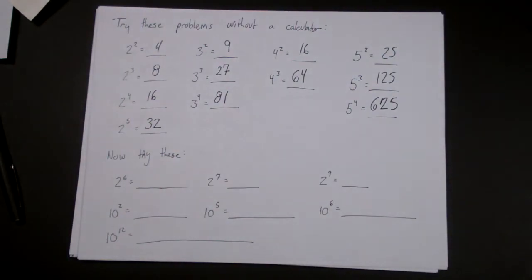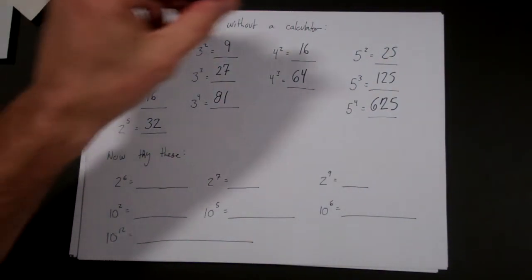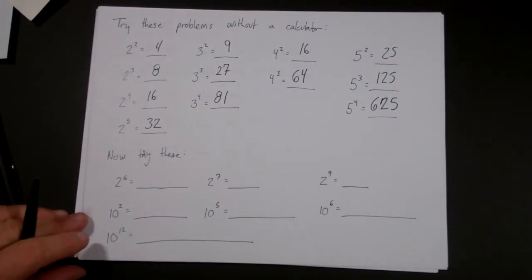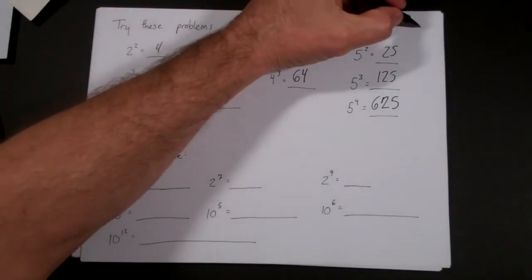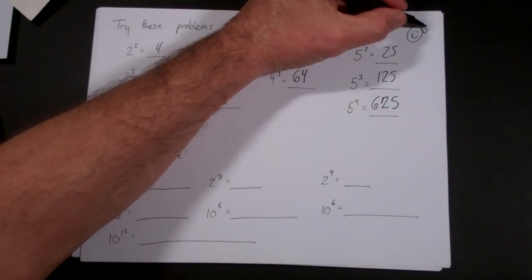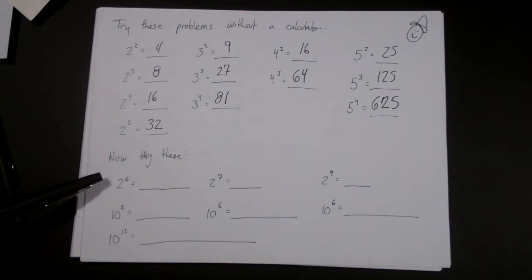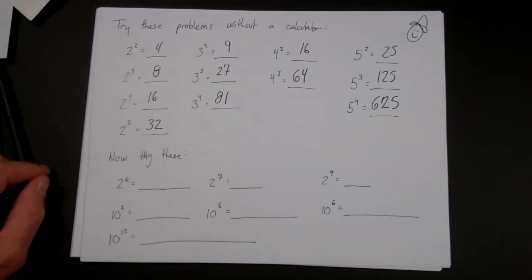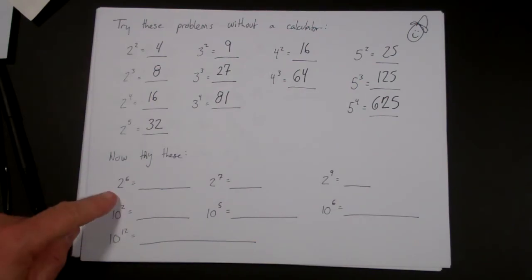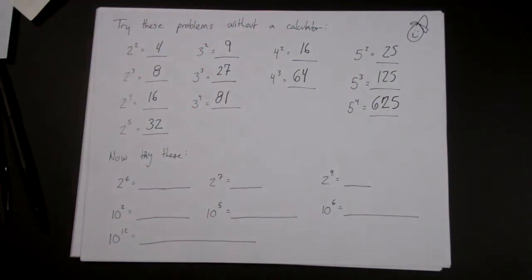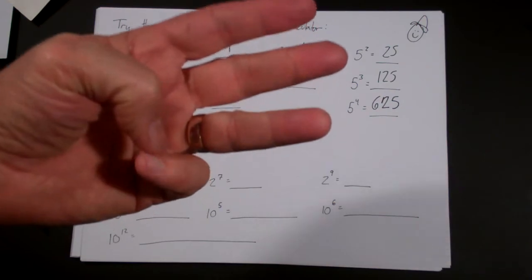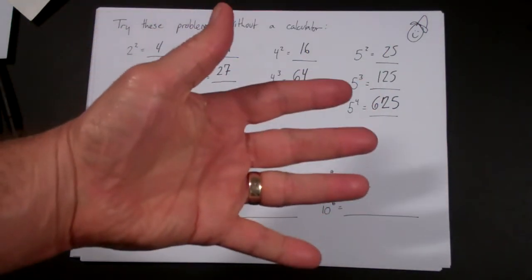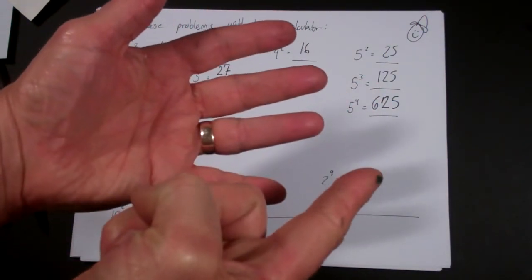So before we go on, I want you to memorize any of these that you don't have already memorized. And then let's look at 2's. Anytime you have 2 to a power, it's really easy. You can just do it on your fingers because you double each time. So 2 to the 6th would be 2, 4, 8, 16, 32, 64.